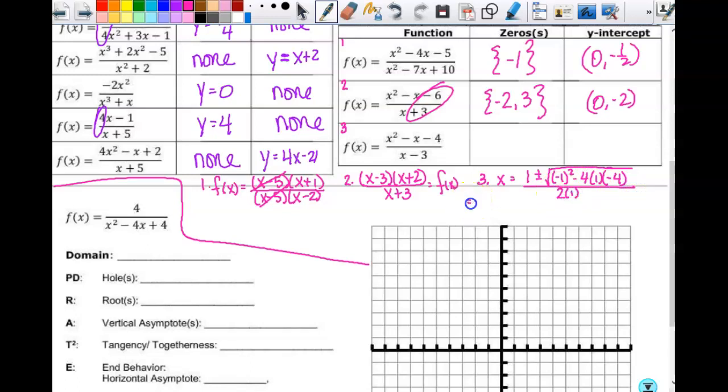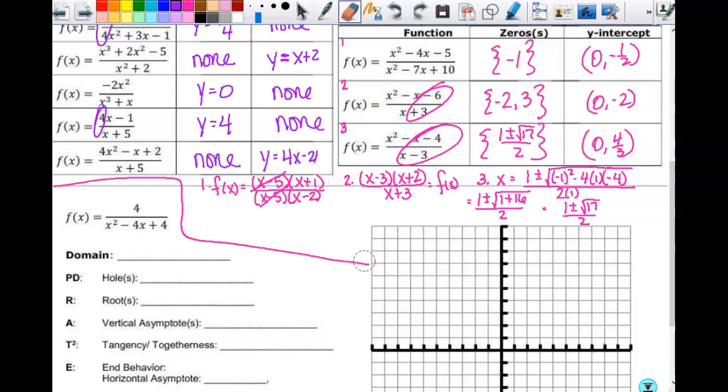So this is going to give me 1 plus or minus the square root of 1 plus 16 all over 2, which is 1 plus or minus the square root of 17 over 2. And I cannot simplify that any. Those are the 2 zeros I get from the numerator, so it is 1 plus or minus the square root of 17 over 2. And then my y-intercept, let's get from there, 0, 4/3. And there you go.